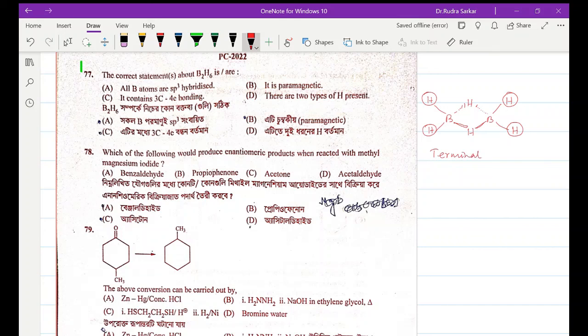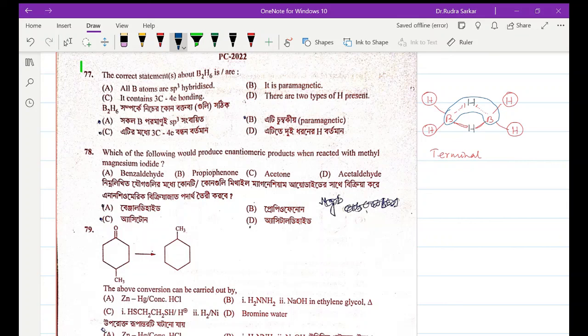Alright. And the black ones, let's make this black. These are the bridging ones. It contains a 3-center 4-electron bonding, yes it does. And this is the 3-center 4-electron bonding.